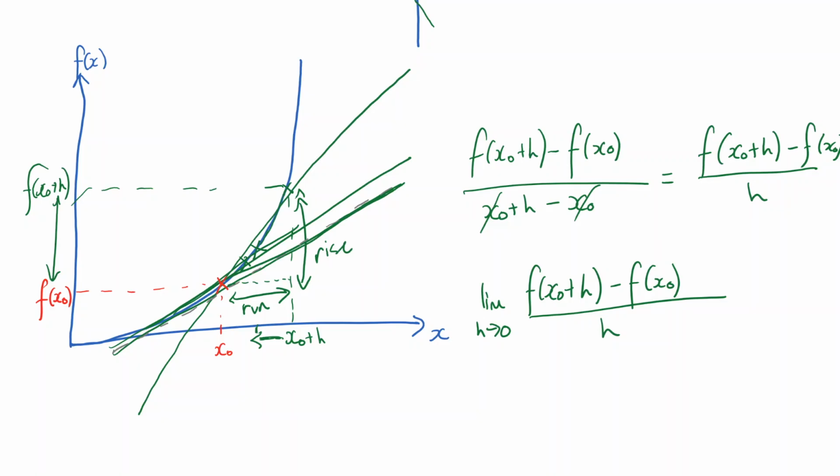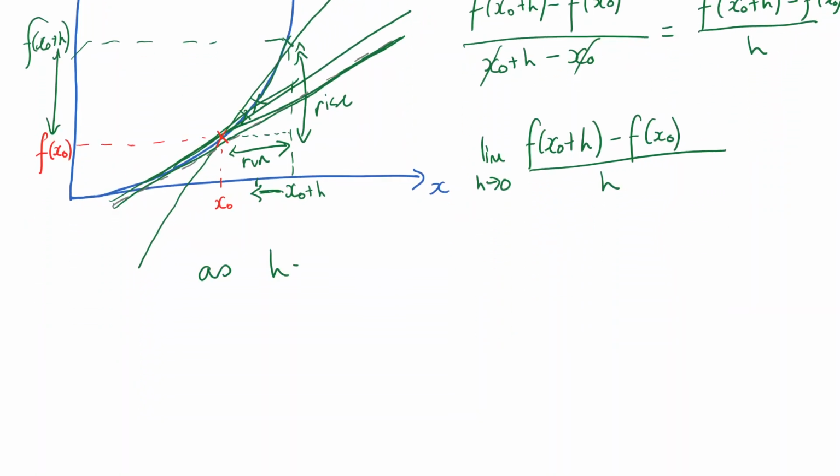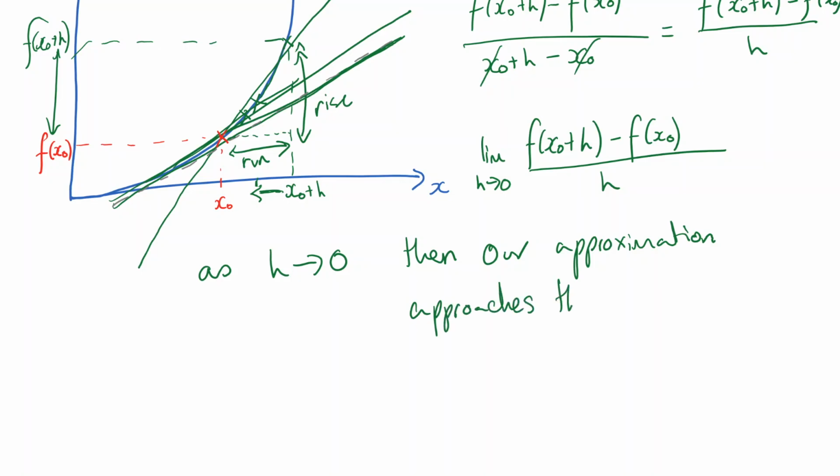Sorry, it's getting very messy now, but you kind of get the gist. So as h approaches 0, our approximation approaches the true value of the gradient of the tangent, which is what we wanted.